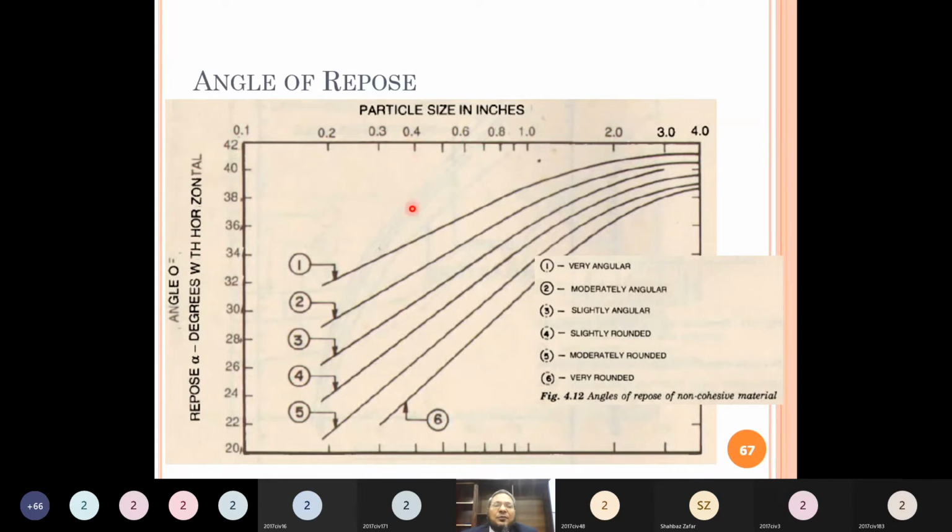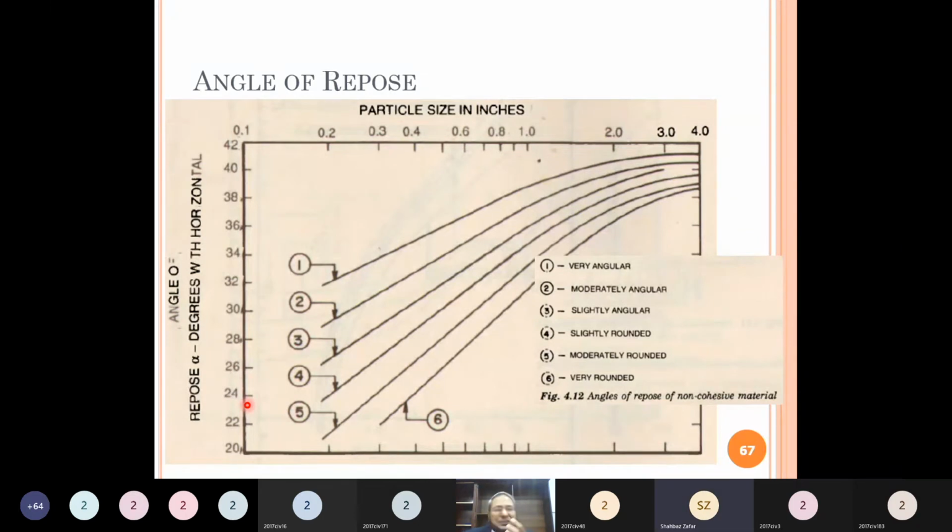For 0.4 millimeter diameter, what happens to the angle of repose with angularness? जैसे angular बढ़ेगी, angularness of the particle, there is an increase in angle of repose. और जैसे ये rounded होगा, the sediment particle, as it will move from angular to roundness, the value will reduce of the angle of repose. Is it clear?